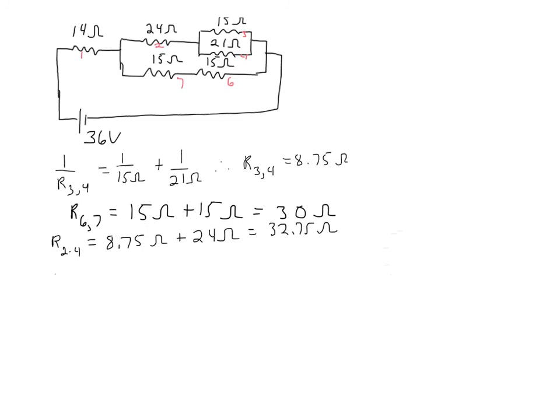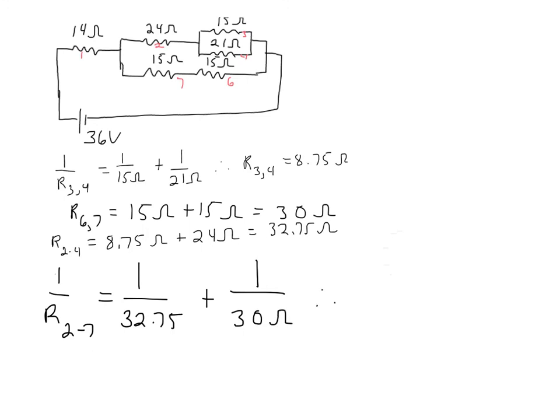So we should be doing 1 over R2 through 7 equals 1 over R2 through 4, which is the top part of that branch, so 1 over 32.75, plus 1 over R6 and 7, which we found to be 30 ohms. And we do that math, we should get R2 through 7 is equal to 15.7 ohms.